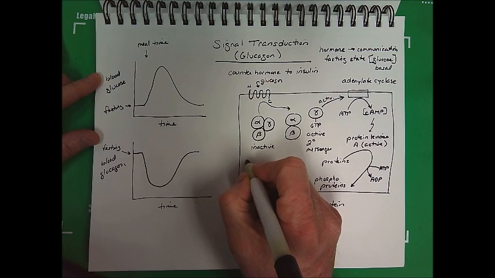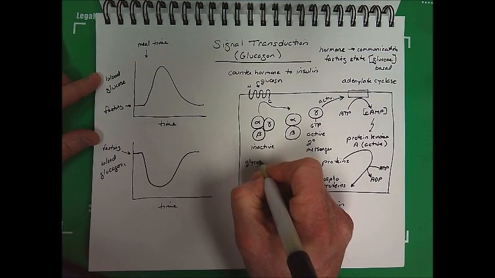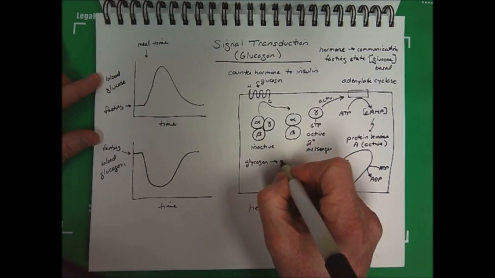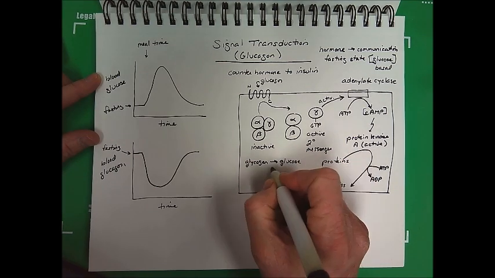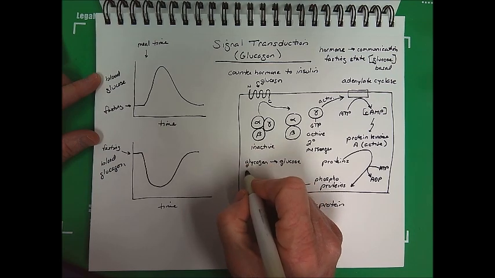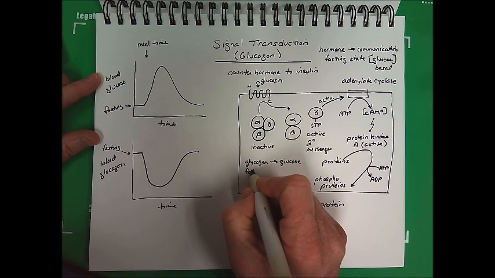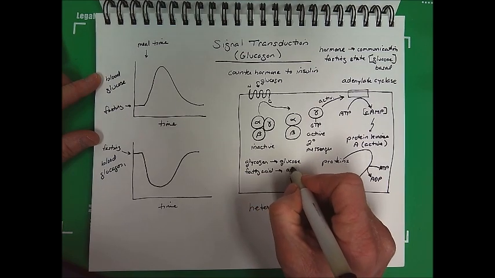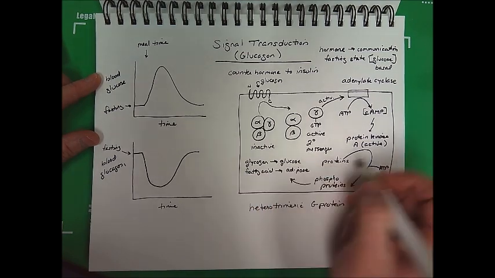So what we are going to be doing is using glucose that is stored in the form of glycogen, and we will be using fatty acids that will be generated from, released from adipose tissue.